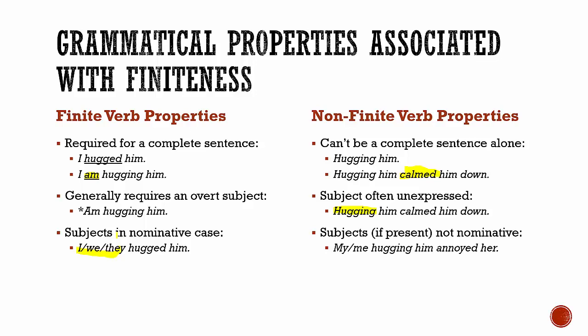So, "my hugging him annoyed her," or "me hugging him annoyed her." We get these forms, either the genitive or the accusative. We don't get the nominative, so we couldn't say "I hugging him annoyed her."